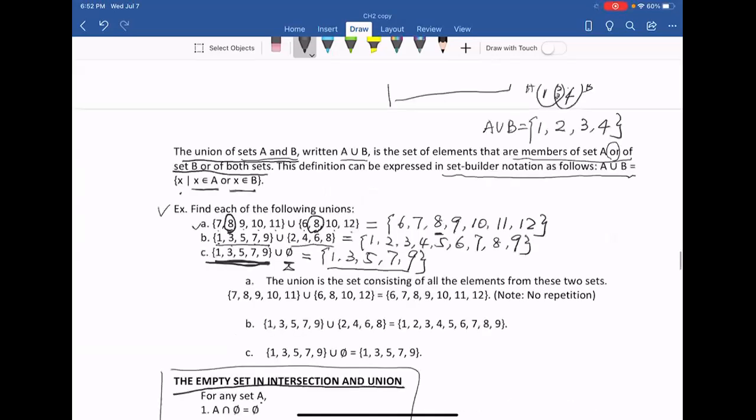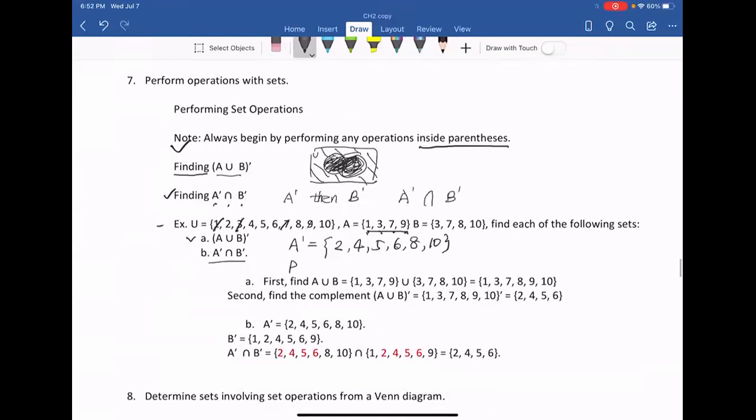What is the complement of set B? B is 3, 7, 8, 10. So I have 1, 2, 4, 5, 6, 9 left.